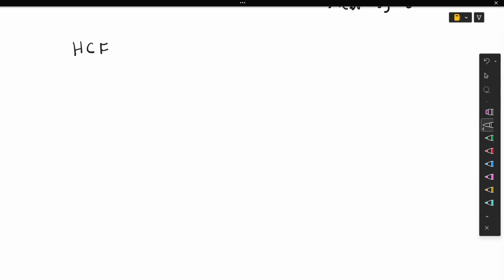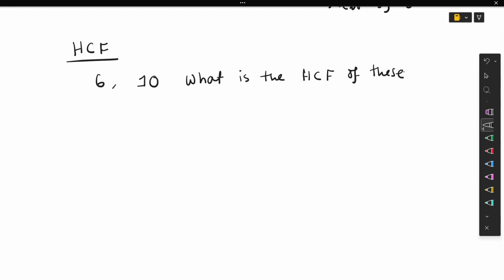HCF, what is HCF? If the question asks for determining the HCF of some given values, let's say you are given 6 and 10 and they are asking what is the HCF of these given numbers.